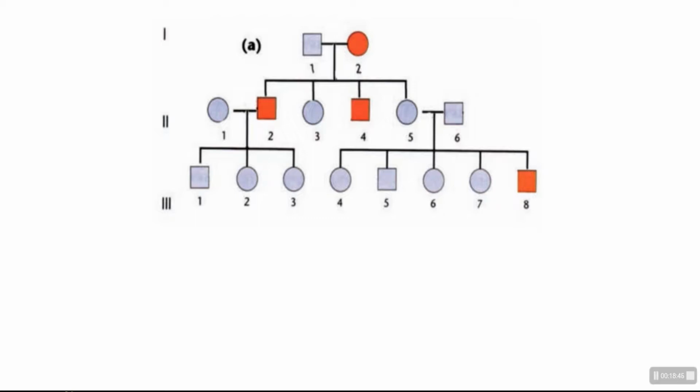You may remember the pedigree, which we studied before, where they observe certain traits through their generations, like albinism. The square means male, and the circle means female. When it's colored, it means it carries the disease.